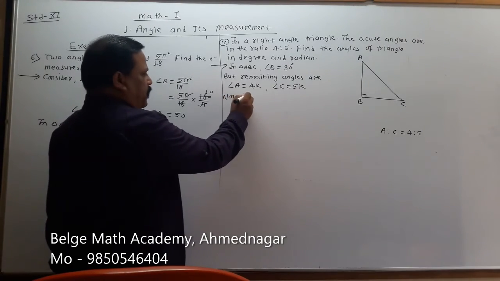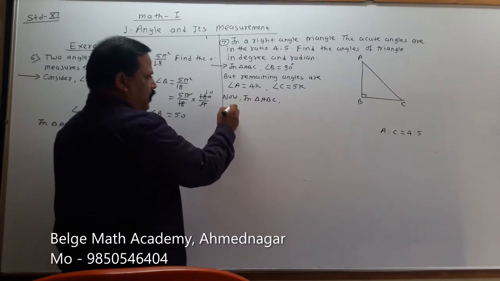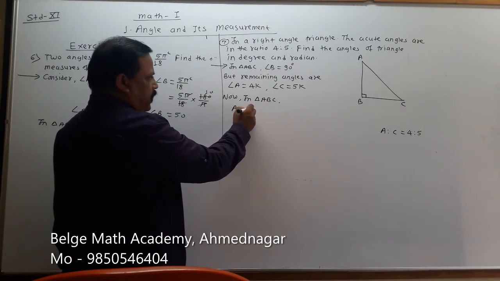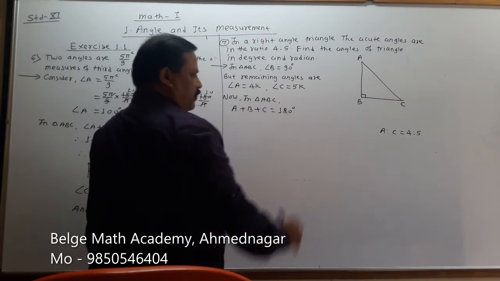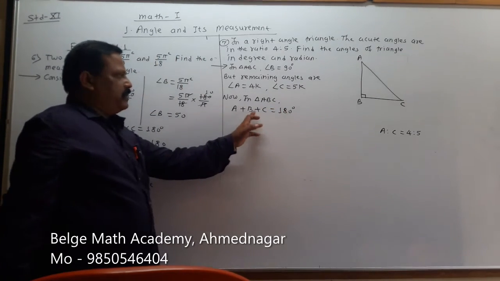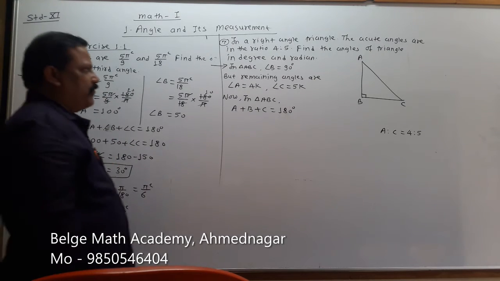Now in triangle ABC, we know the property angle A plus B plus C equals 180 degrees. Capital letters represent the angles of a triangle.